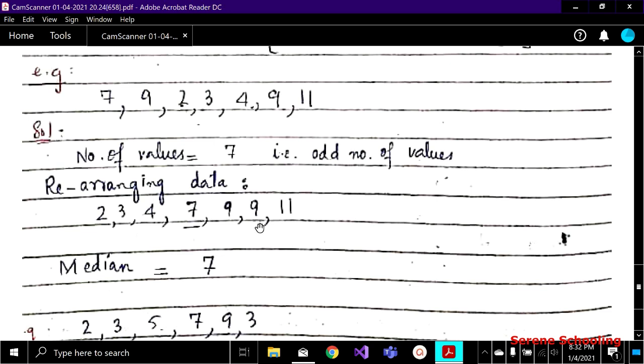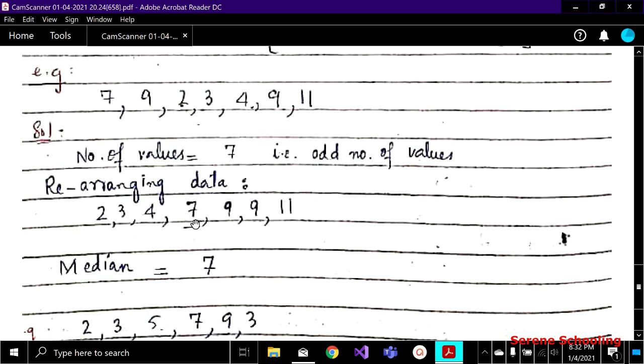Now we have to find the median without formulas. We know that the median divides data into two equal parts. It is the central value of data that divides data into two equal halves. Now see here, which value is dividing the data into two equal halves?